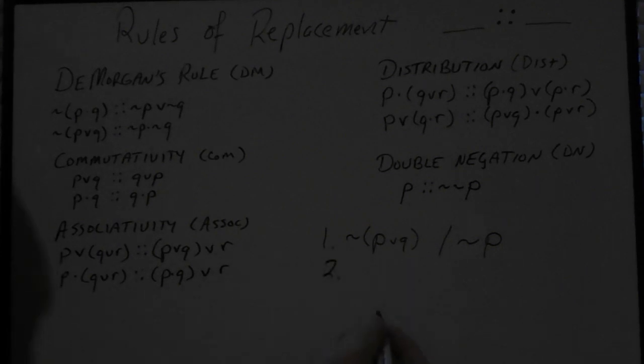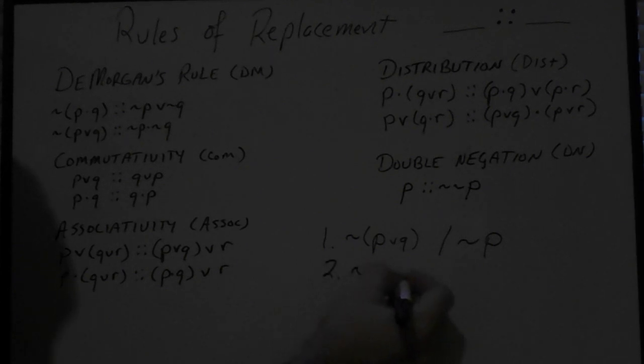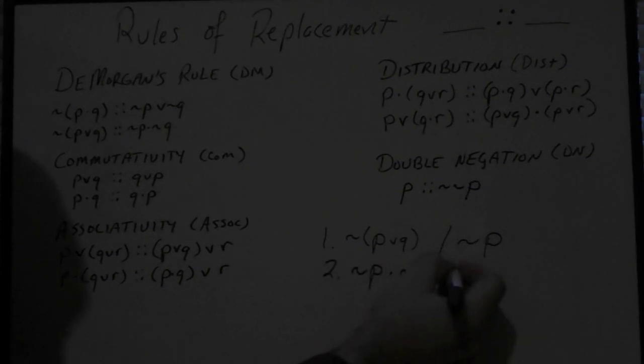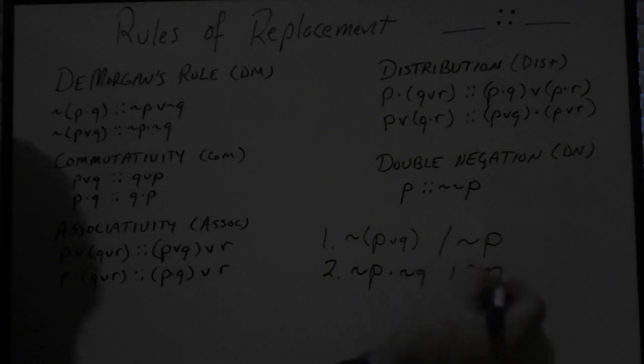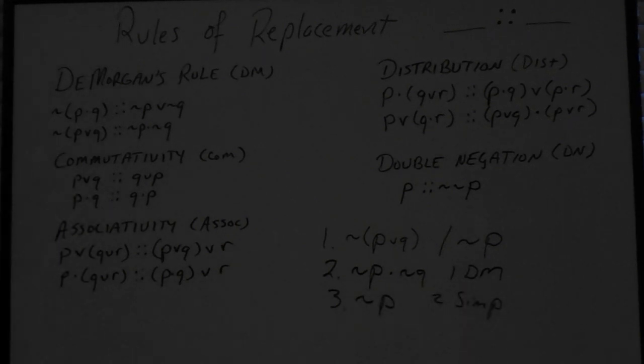But if you use Demorgan's rule, not (P or Q) is the same as not P and not Q. And then you can simply simplify the not P and not Q to not P in that fashion. So it just becomes another way of being able to work with the problem.